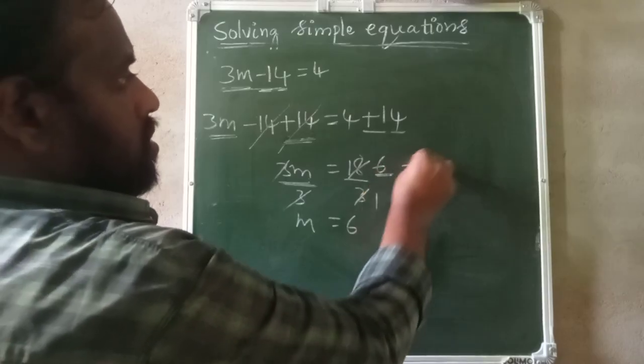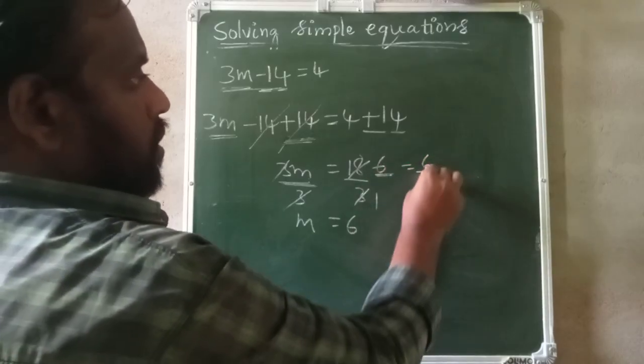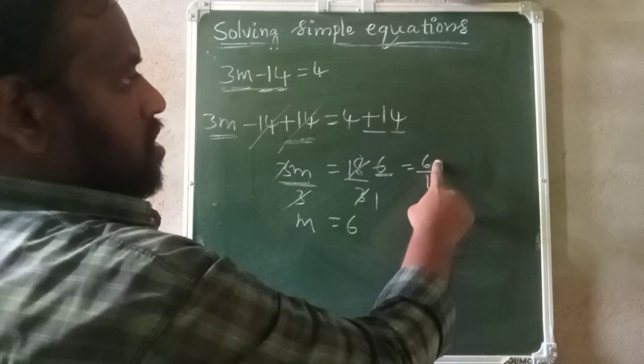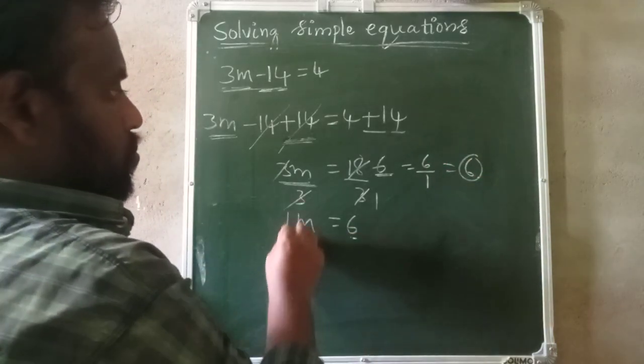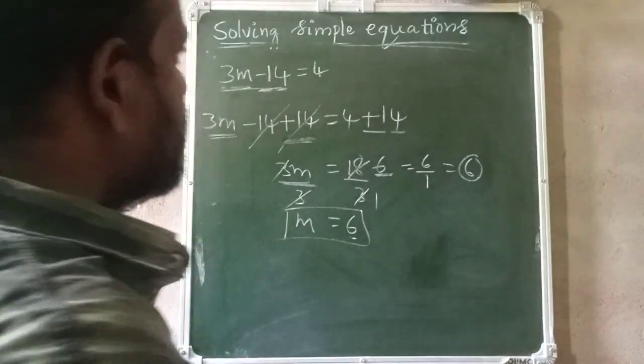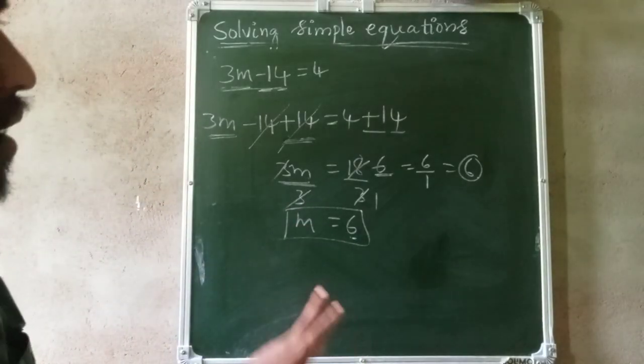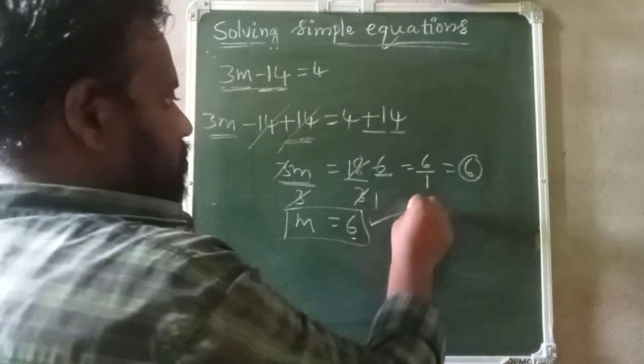That is equal to 6 by 1 now. But 6 by 1 is equal to 6 only. That's why I wrote 6. So we got m is equal to 6 as the answer.